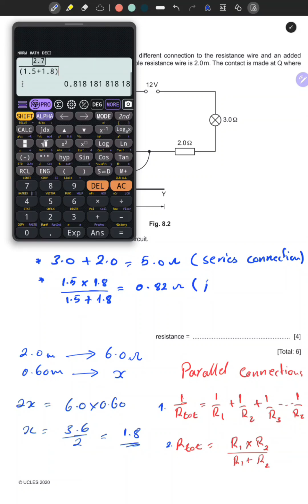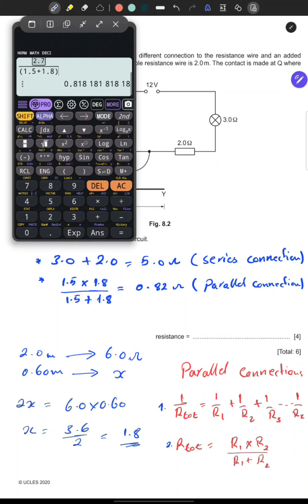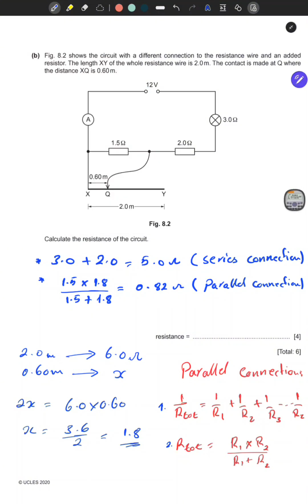That is for the parallel connection here, and the series part of the circuit will be 5.